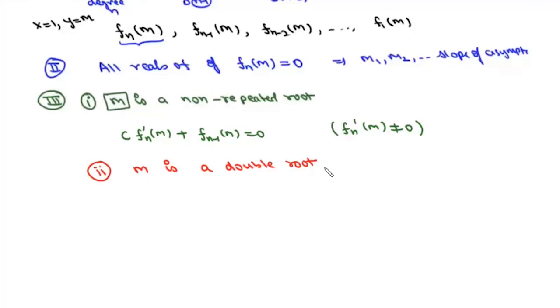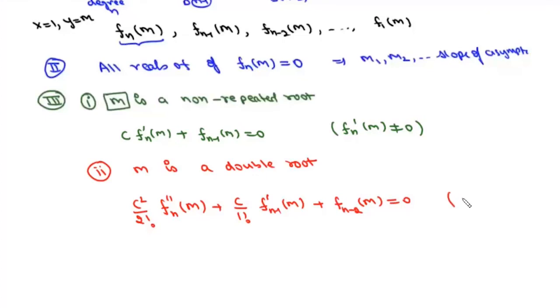In this case, we'll have two values of c, and these two values of c are given by the equation c square upon factorial 2 f double dash n of m plus c upon factorial 1 f dash n minus 1 of m plus f n minus 2 of m equals 0, where the second derivative at m for this degree n is unequal to 0.